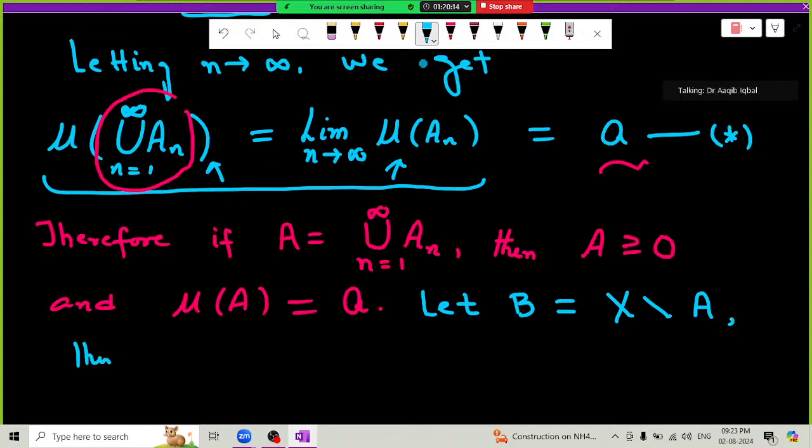Then we claim that this B is a negative set.